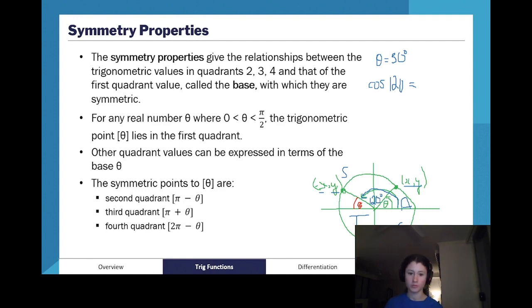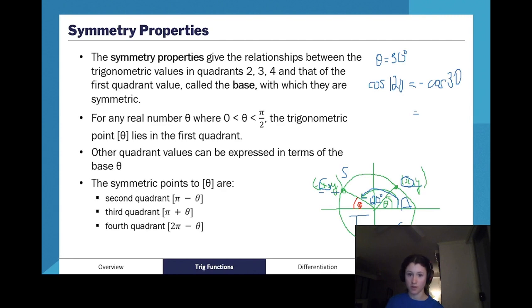So, the cos of 120 is going to be equal to the negative of the cos of 30. Because we know that these two x values are the same, except one has a negative out the front, we can find the cos of 120.